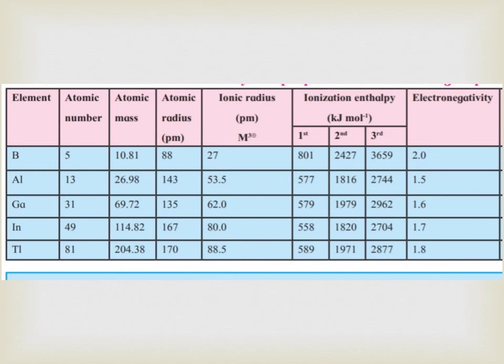The effective nuclear charge decreases down the group, resulting in increased atomic size, and that is why it becomes difficult to add an electron to a larger atom. And that is why, students, you can see that the electronegativity has decreased from aluminium.